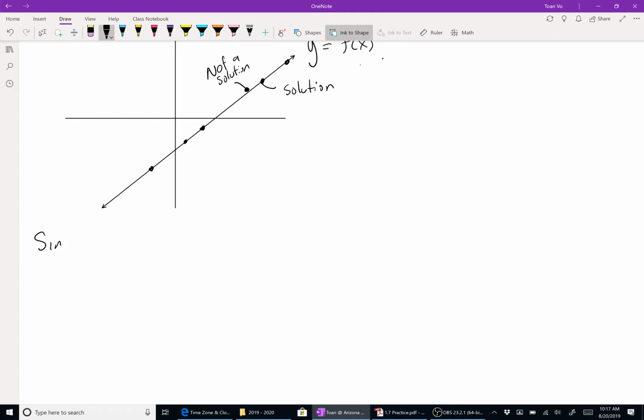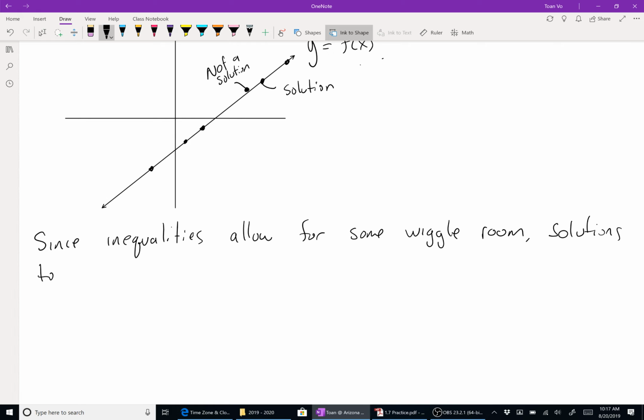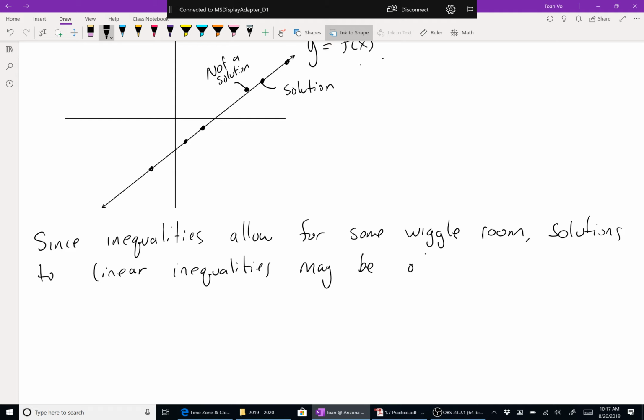So, since inequalities allow for, and I'm going to use a mathematical technical term here, some wiggle room, solutions to linear inequalities may be off the line.